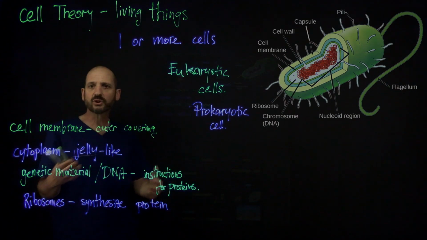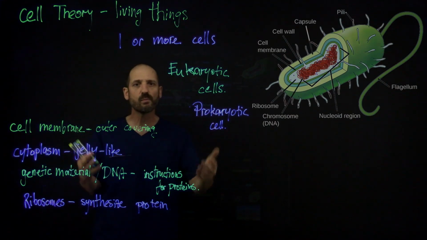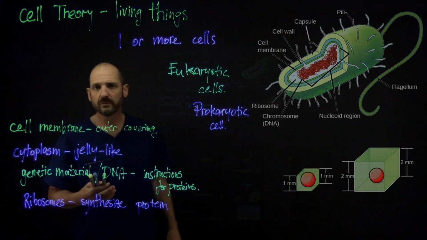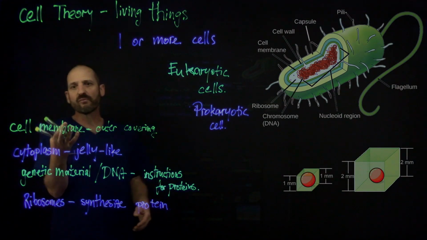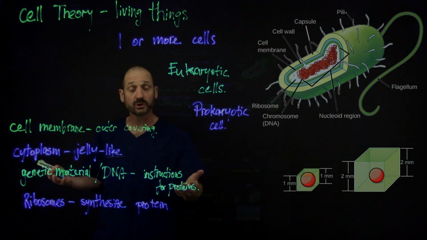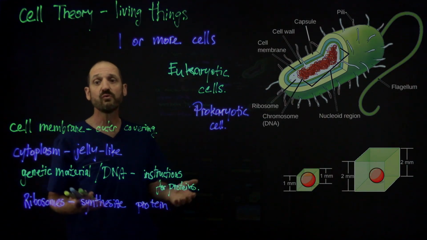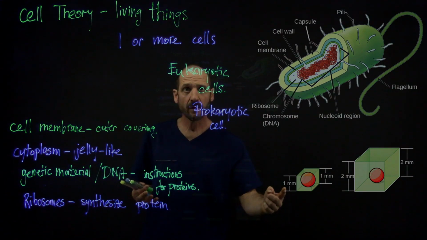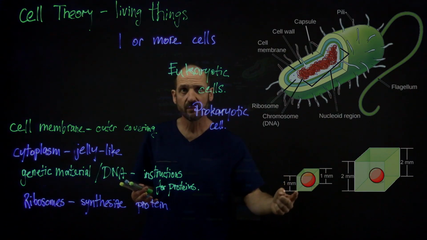In larger cells, the volume becomes too great compared to the surface area. This makes it more difficult for material to be dispersed automatically, and the cells need specialized structures to help. The surface to volume ratio decreases. See here on the cell on the left, we have a 1 millimeter cell.